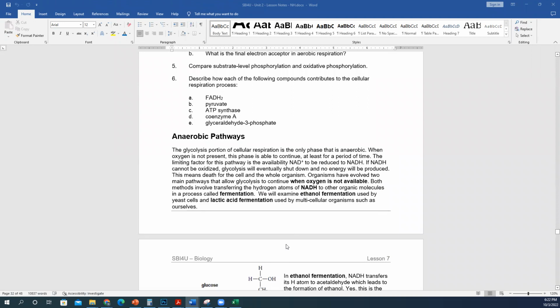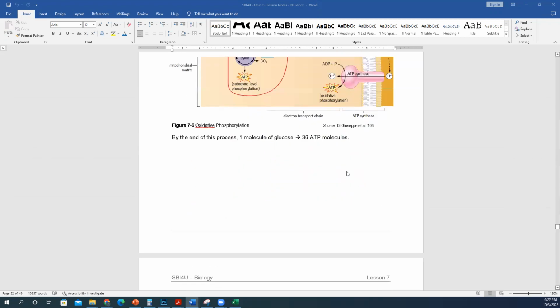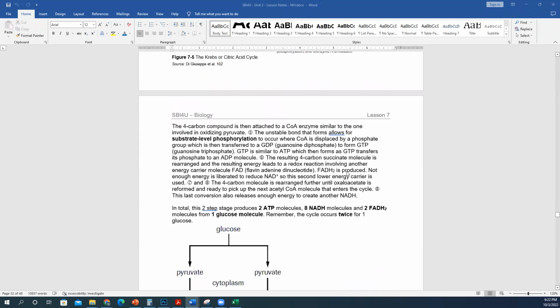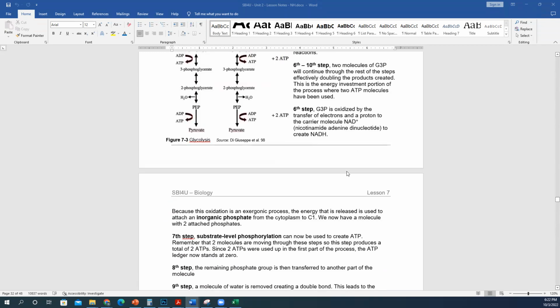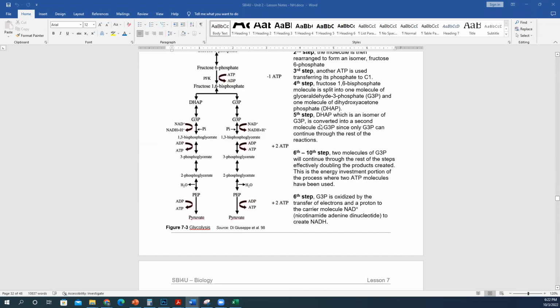So when you're in an anaerobic state and you don't have oxygen present and oxygen is limited, this phase, glycolysis, is able to continue and keep on producing, at least for a period of time, a certain limited amount of energy. And the limiting factor for this pathway is basically how much NAD plus you have available in order to reduce to NADH, because in order for glycolysis to go on, what you need to feed into the path is NAD plus.